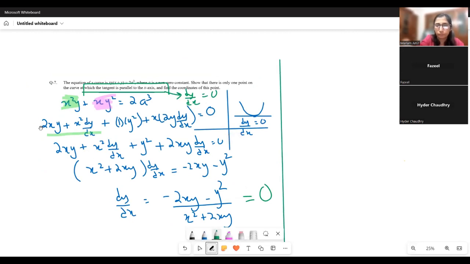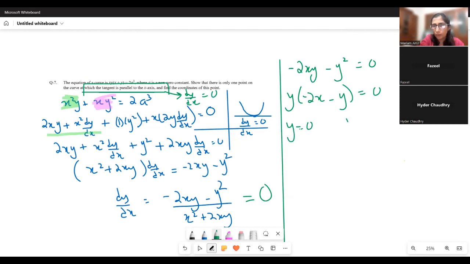So minus 2xy minus y square equals 0. Take y common. Minus 2x minus y equals 0. So we're getting y equals 0 and y equals minus 2x.